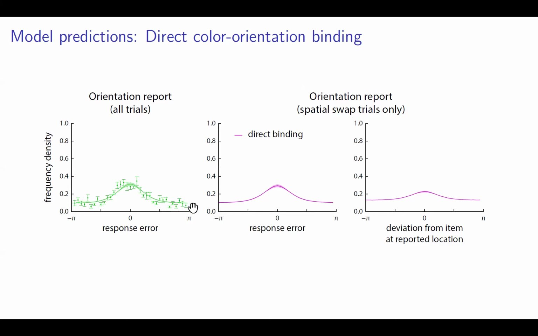And you see here a model already fitted to the data we got in this task for the orientation report over all trials. A lot of the responses are distributed around 0, but you also see that quite frequently there are larger response errors. And this prediction that the model made about the orientation report, so this would be the orientation report of all trials, now looking only at those trials where the spatial response was wrong.